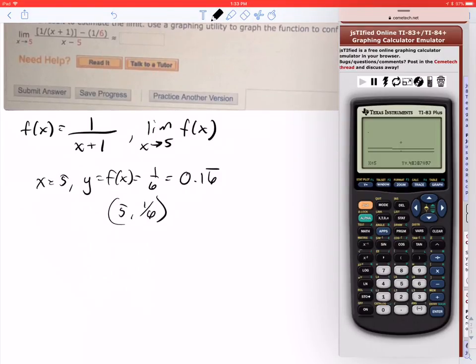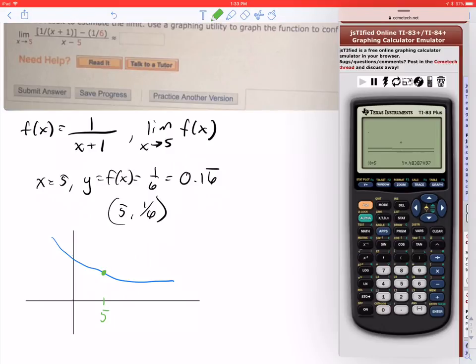So as a quick sketch, just for concept-wise, I'm going to try to be close to what's going on here. So say we had a curve like this, right? And say that here's our 5 here. When x is 5, and it gives us this. And we want to look at the slope of the tangent line through that point.